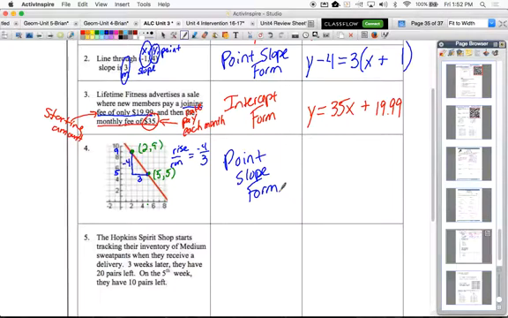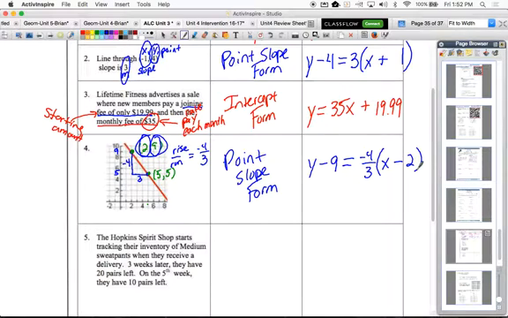So we have y minus y1 equals m times x minus x1. So let's do y minus, let's take this point right here. The y value for that point is 9. So y minus 9 is equal to our slope, which is -4/3, times x minus the x value for our point, which is 2.